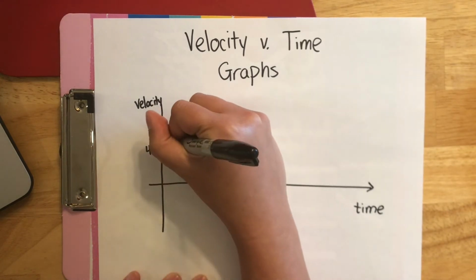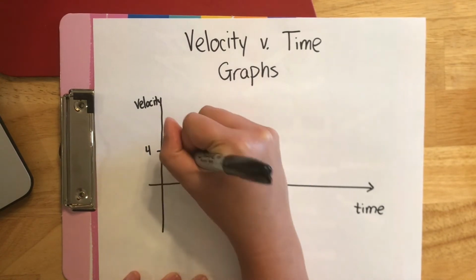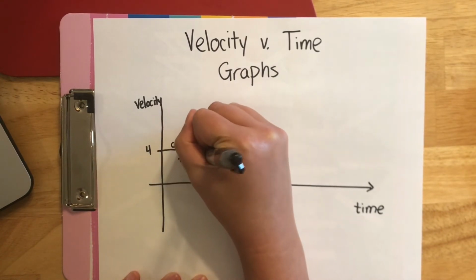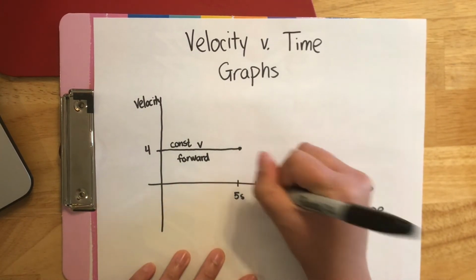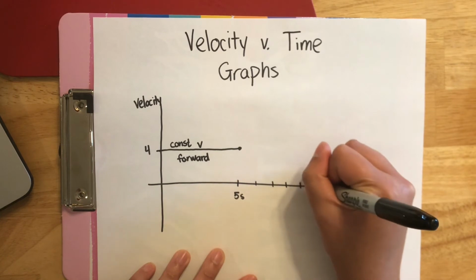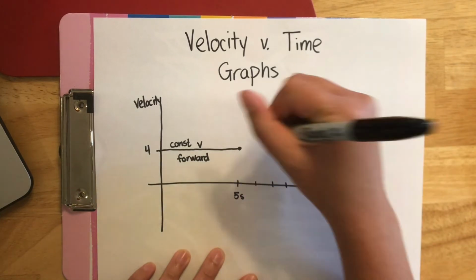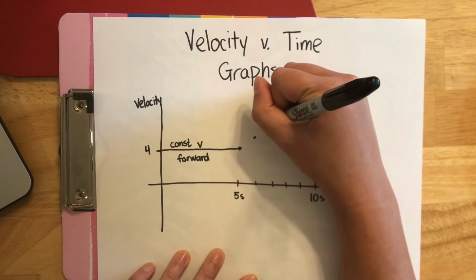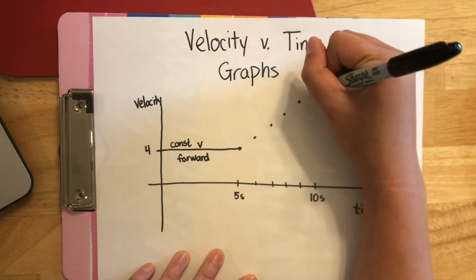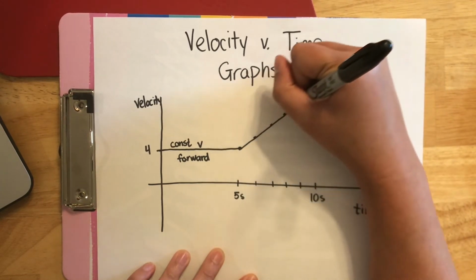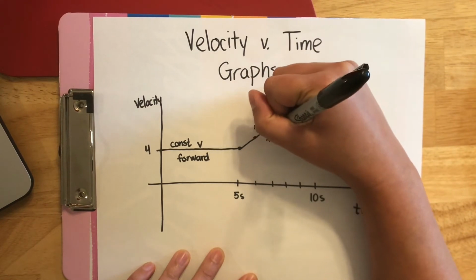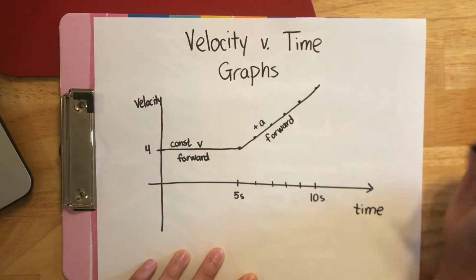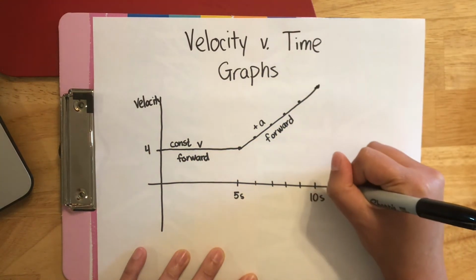Because +4 is the velocity, it's traveling forward for that time, and it stays at 4 meters per second for that whole time. Now let's say it has positive acceleration, and for every second of time that it passes, it goes 1 meter per second faster. By the end of the 10th second, it's at 9 meters per second. Its acceleration is positive and it's moving forward.